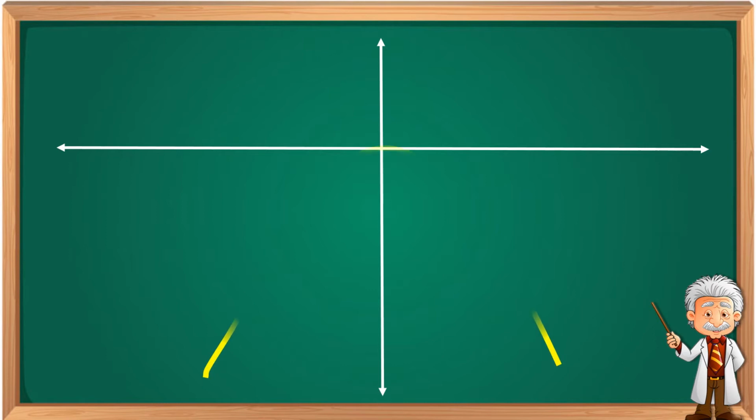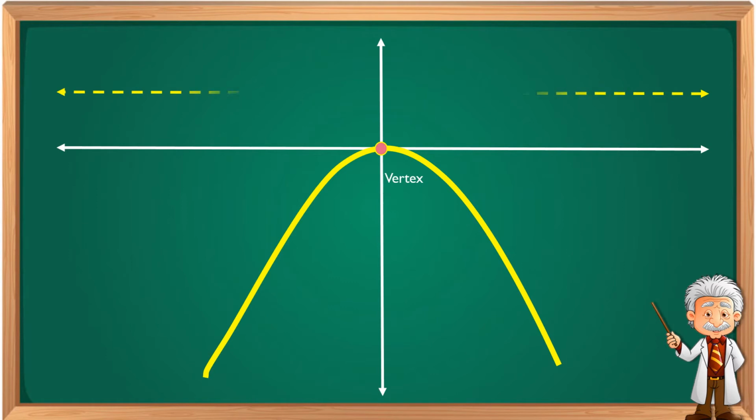Let's have another illustration. So let's have this parabola facing downward. That is its vertex, and that is the directrix. We can also call that directrix as line L, or y is equal to positive c because the directrix is in the positive side of the y-axis.